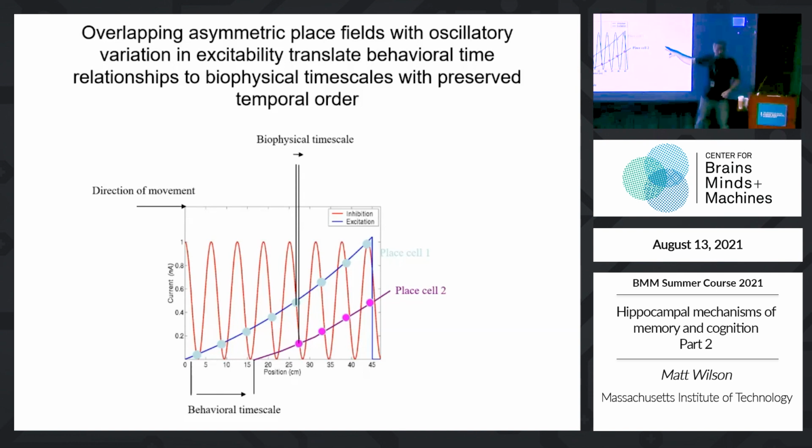If you elaborate this, instead of having 2 cells, at any given location you typically have a few thousand cells. So imagine that every theta cycle, a few thousand cells are going to populate this phase range using this principle.